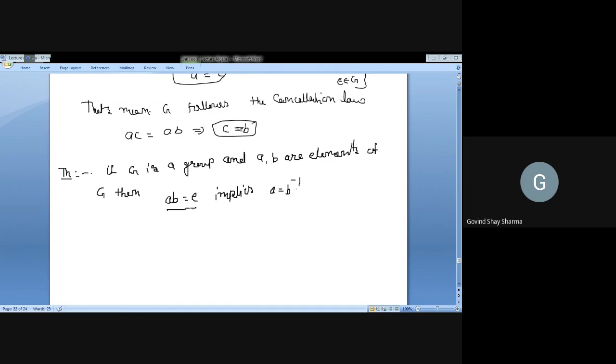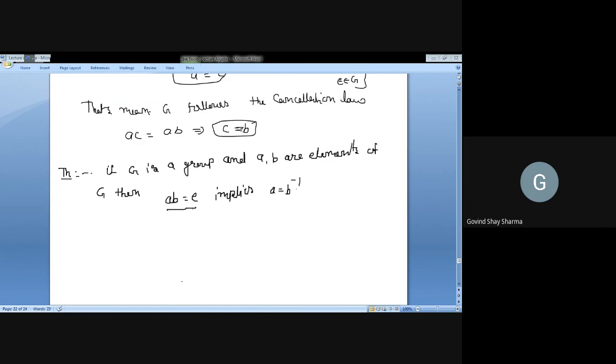If two elements are in G and the product of these, or any operation between them, provides us the identity element, then each is the other's inverse element. Okay, so this is very important.